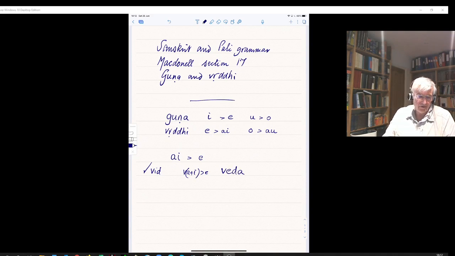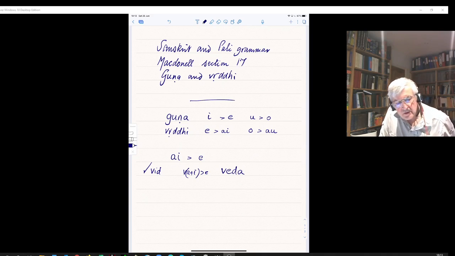So the Vedas and Ayurveda and the old scriptures, the Rig Veda and so on. That is the verbal noun from vid with guna, or gunation, as we can say in English, of the root vowel. So vid to Veda.